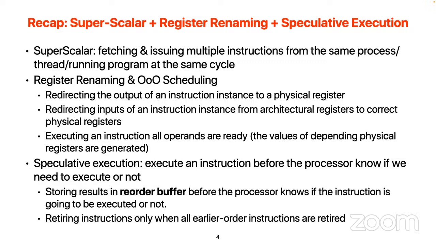You also need the logic to redirect the inputs from those temporary outputs to the instruction. If all input operands are ready, which means all the input registers have values already produced in the physical registers, then you can go and execute your instructions.